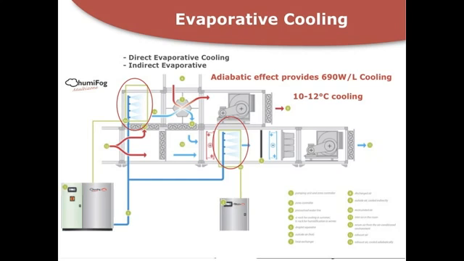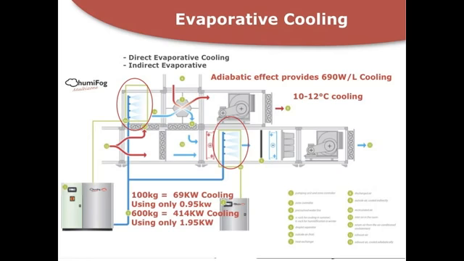For every liter of water being sprayed, you get 690 watts of cooling, and on average, you can achieve a temperature reduction of about 10 to 12 degrees Celsius between return and supply air. The energy savings of this system is unbelievable.